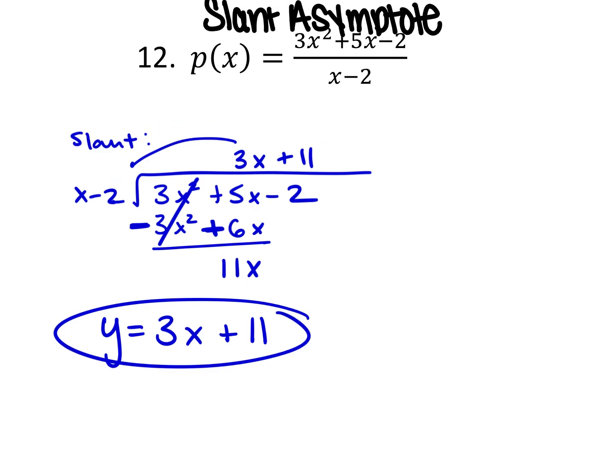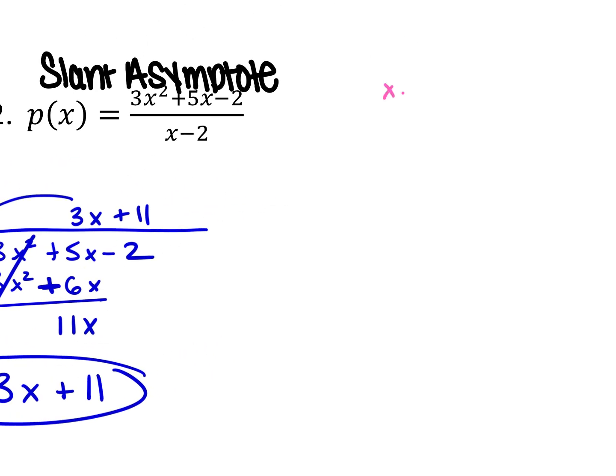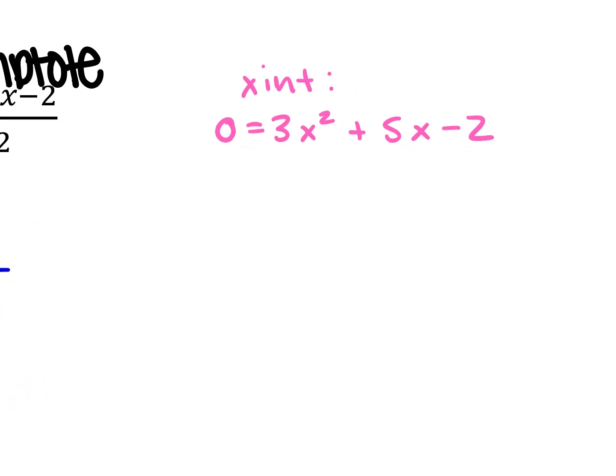One more that I'm going to do with you guys for practice. Let's find our x-intercepts here. How do we find the x-intercepts? Set the numerator equal to 0. So we have 0 equals 3x squared plus 5x minus 2. What would we do to solve from here?